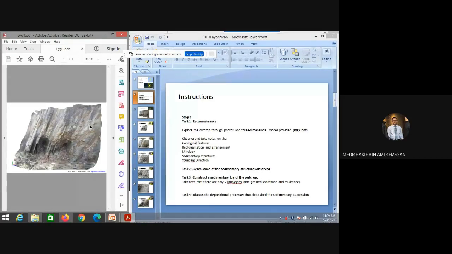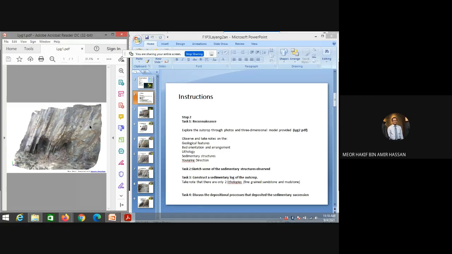We also discussed the method of approaching an outcrop. How do you study an outcrop? First you need to do a reconnaissance, then you start to gather data. Lalu round dulu outcrop dulu, baru kita start ambil data, alright?